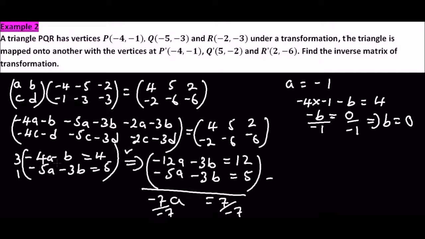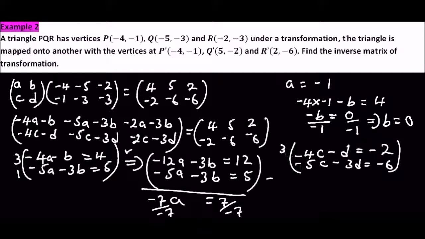We use the other, that is, we use minus 4c minus d is equal to minus 2, and minus 5c minus 3d is equal to minus 6. We multiply the first equation by 3 and the second by 1, so that we are able to eliminate our d.